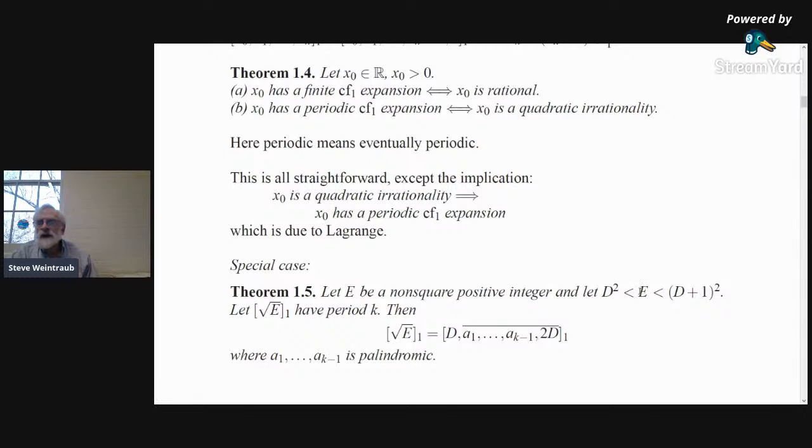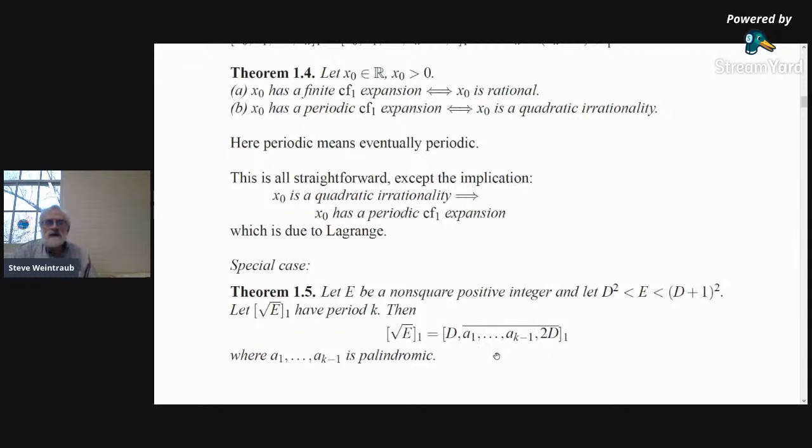Since e is a non-square positive integer, it lies between 2 perfect squares, so let e lie between d squared and d plus 1 squared. It has a periodic expansion, let's call the period k, and the expansion has a very particular form. It's periodic beginning with a1, a0 is d, the end of the period is 2d, and the first k minus 1 elements in the period form a palindromic sequence.